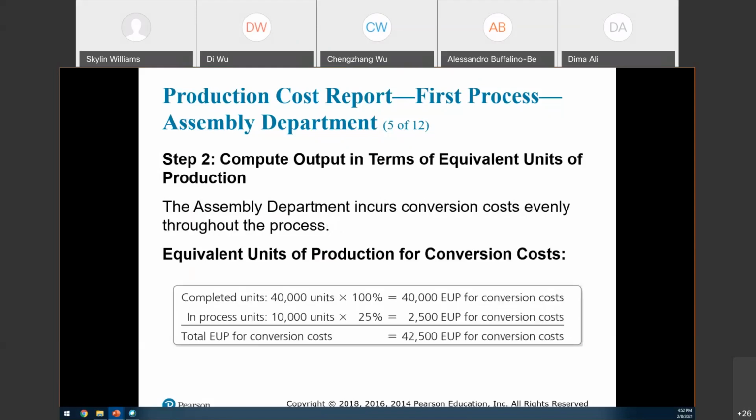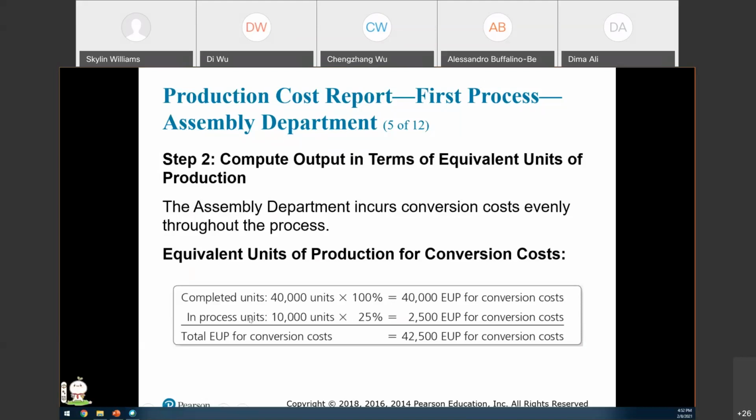Well, but here, for conversion cost, first of all, let's see the completed units. Since they are completed, they are fully completed regarding the first process, we still times 100%.